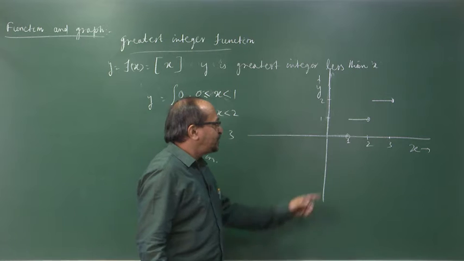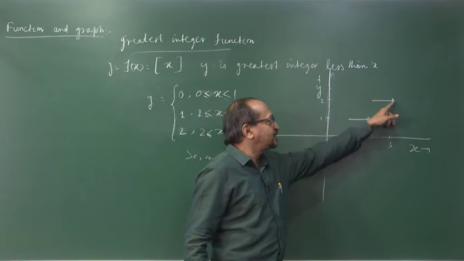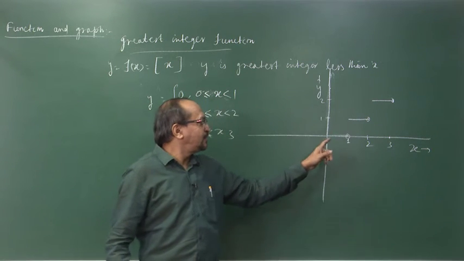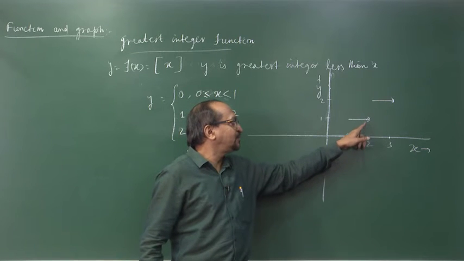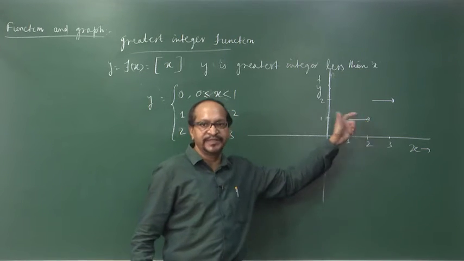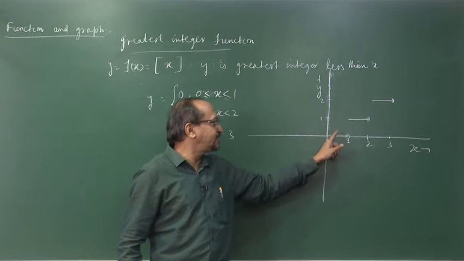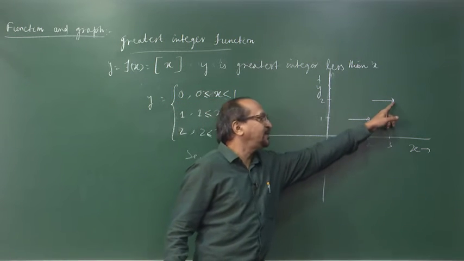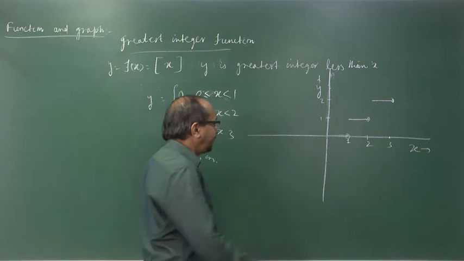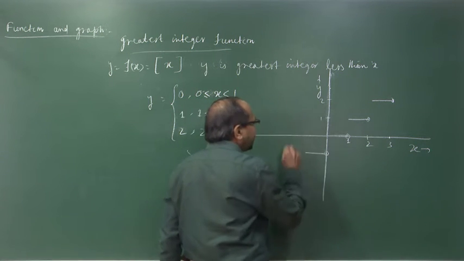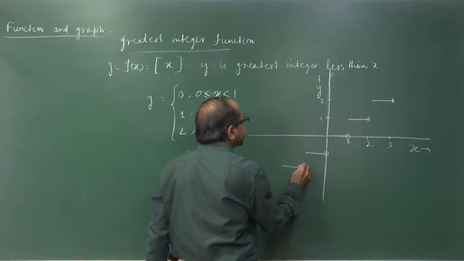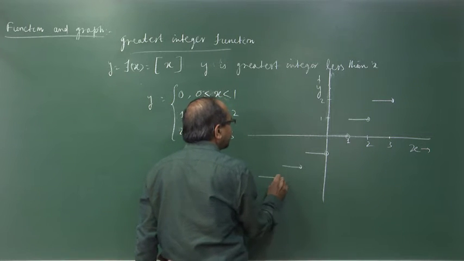And you see these circles I put at the end, those are the values not attained. The value is not attaining 2, it is less than 2. Here it is less than 1, here it is less than 3. And in the negative axis, similarly, the greatest integer less than x will be exactly similar.